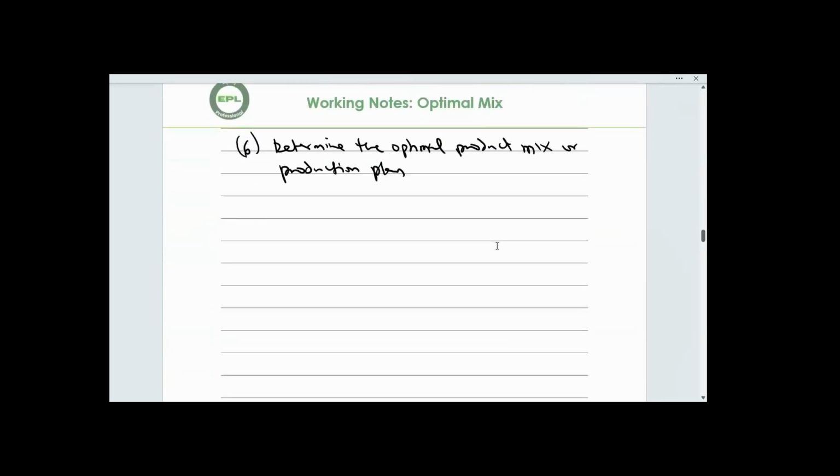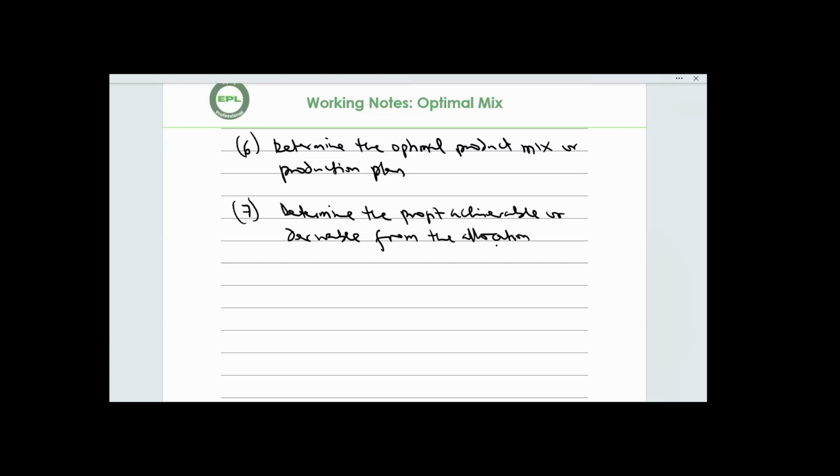Then finally, step 7, determine the profit achievable or derivable from the allocation.